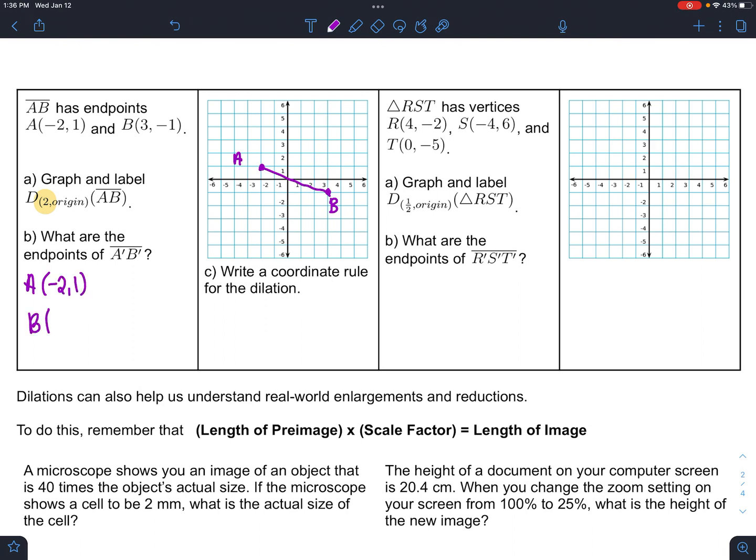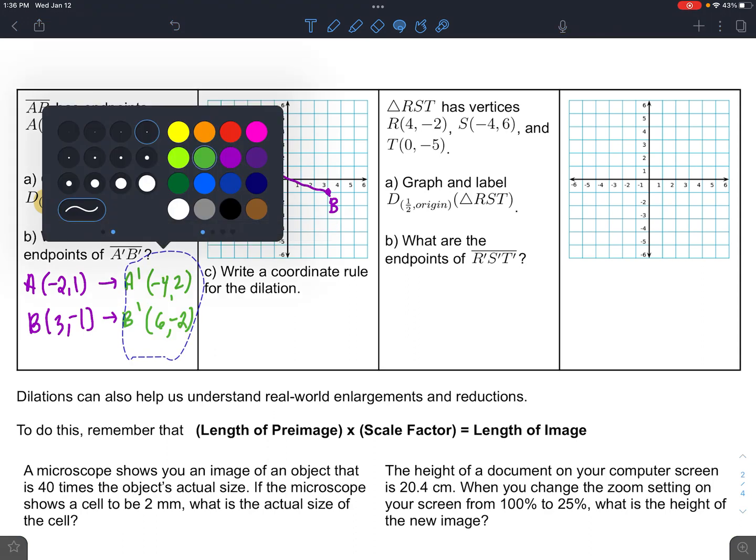So what I like to do is just copy down the points. A goes to A prime. We know that. And we know that the scale factor is 2. So I'm just going to take the old points, multiply them by 2. Take the old points, multiply them by 2.